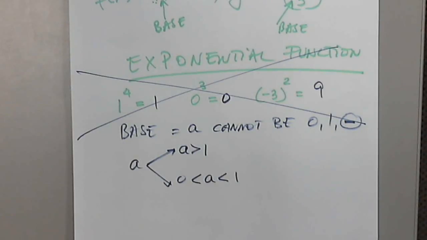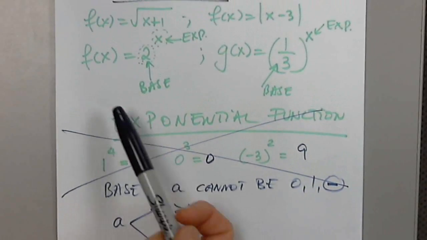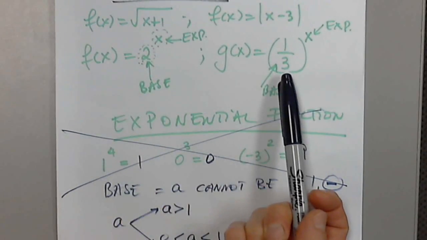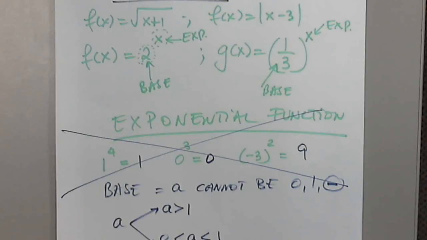Yes. Okay? So yes, we can determine all these, but they are not allowed in the exponential function. The base of 1, the base of 0, and the base of a negative number are not allowed in the exponential function.